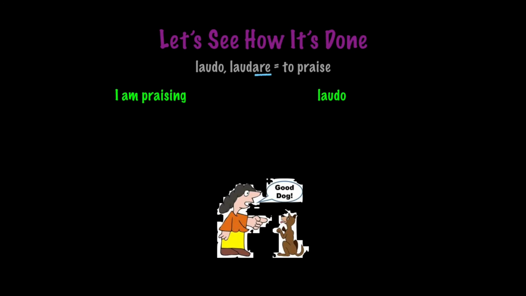Now let's try writing the phrase, she praises. We start by writing the base, laud, L-A-U-D. Because it's a first conjugation verb, we add the connecting vowel a, and then we need to add the present tense ending, which represents she, or the letter t.